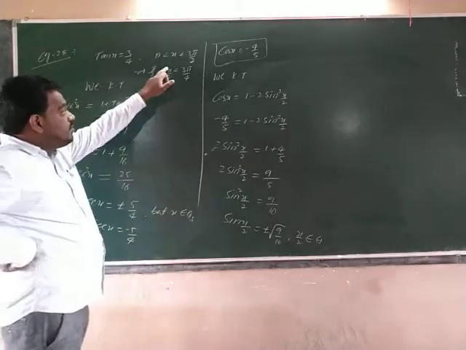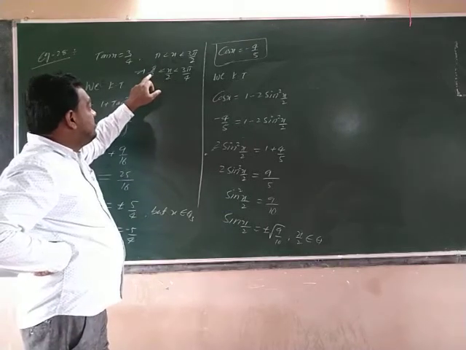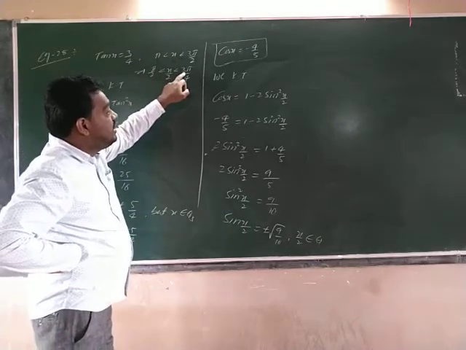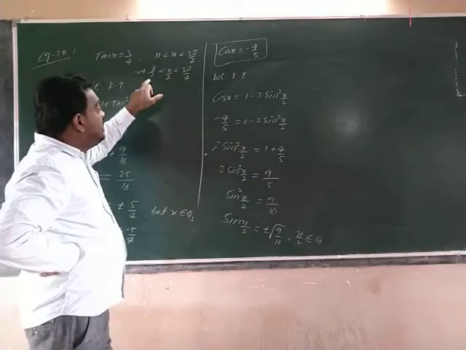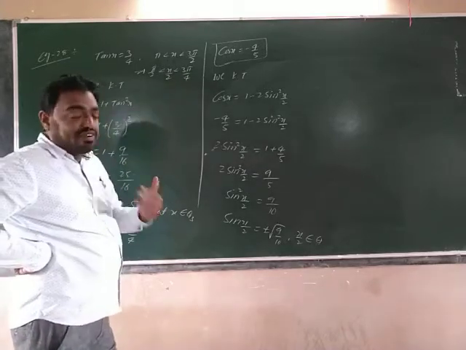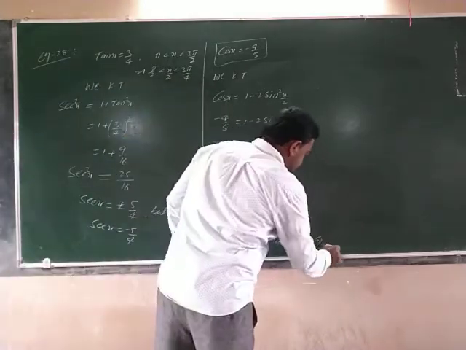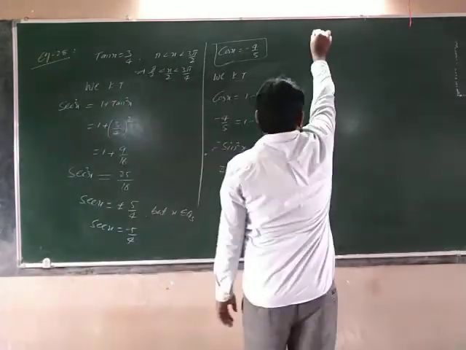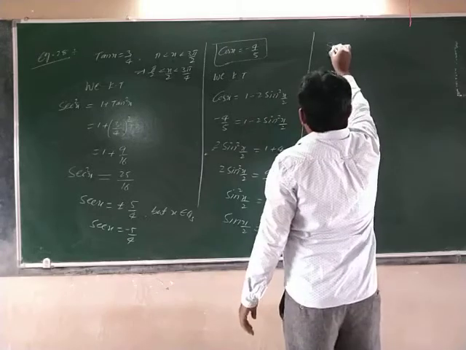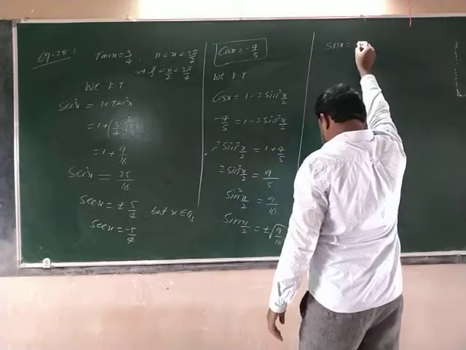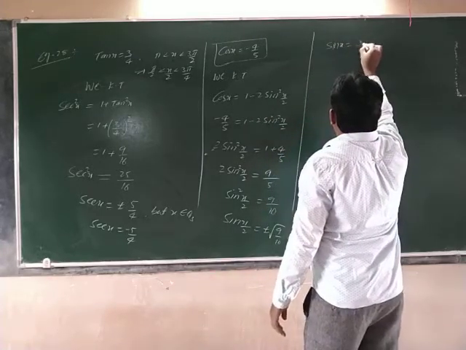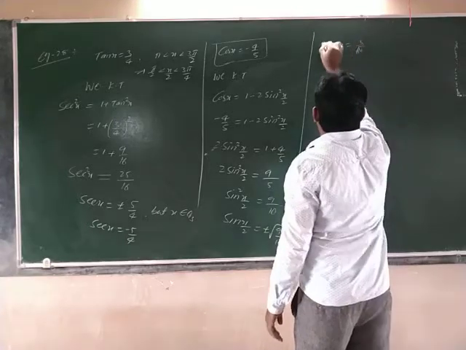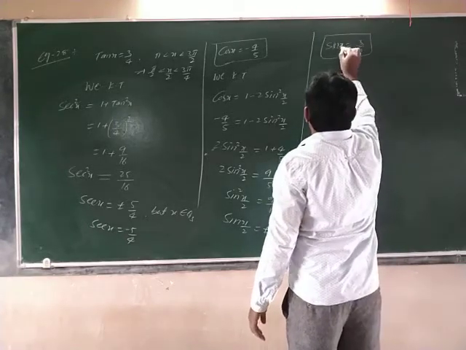That means x by 2 lies in which quadrant? 90 to 3 into 45, 135. 90 to 135 is the second quadrant. In the second quadrant, is sin positive or negative? It is positive. So sin x by 2 is equal to 3 by root 10. This is the sin x by 2 value.